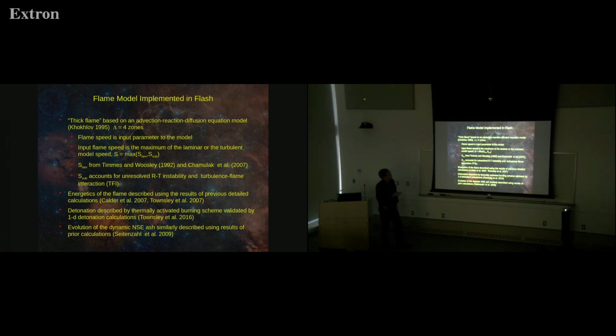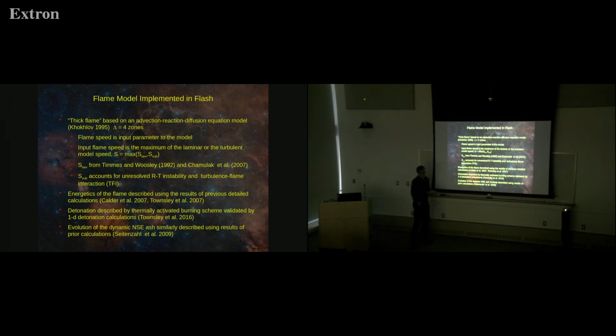It's based on an advection reaction diffusion equation that was originally proposed by Alexei Khokhlov, where the flame is forced to be 4 computational zones wide. Remember we talked about the grid. The flame speed is an input parameter to the model, and we give it an input flame speed from the maximum of a laminar calculation. If you remember that one flame that I showed that was burning across, with the Christmas colors, you can measure that flame speed and make a table of it.